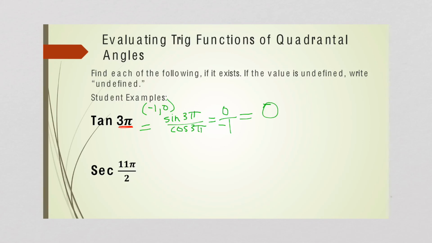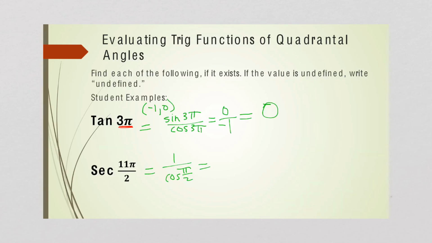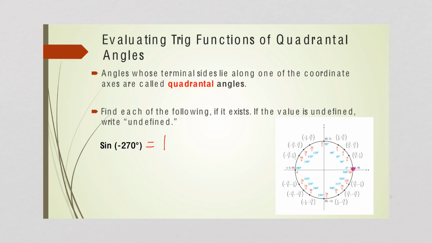11 pi over 2. Okay, remember secant is 1 over cosine. And if we back up again, real quick, remember now we're talking in terms of pi over 2's, and we do 11 of them. And it's in the positive direction. So, if I start at 0, here's 1, 2, 3, 4, 5, 6, 7, 8, 9, 10, 11.